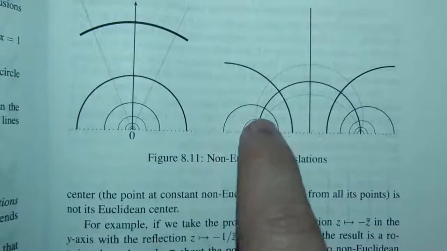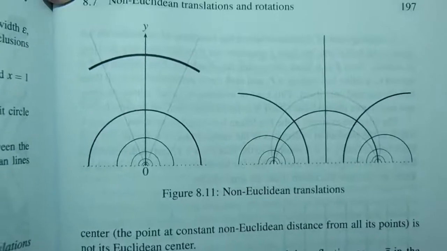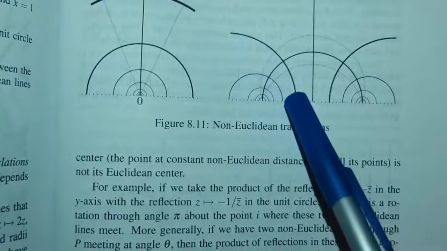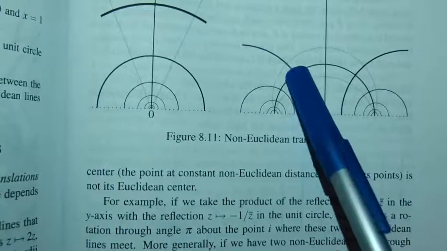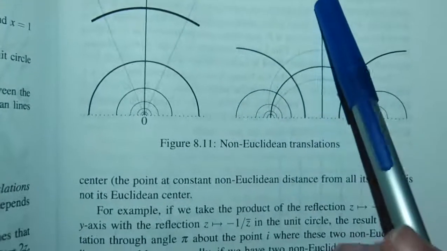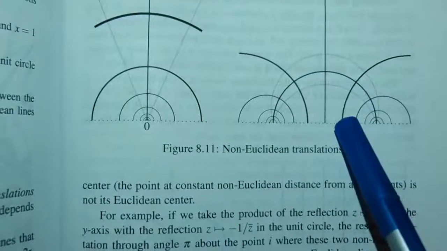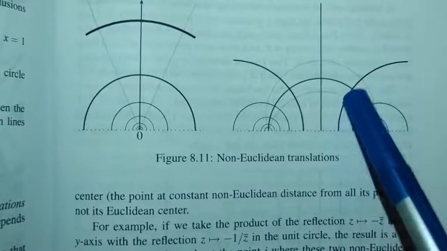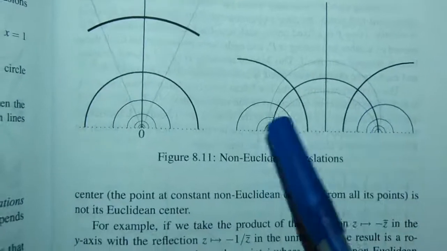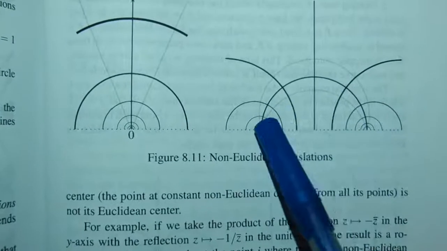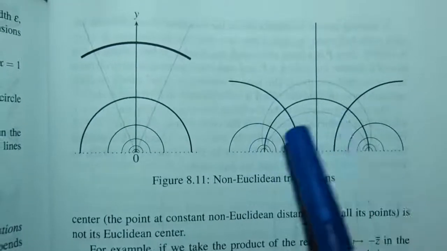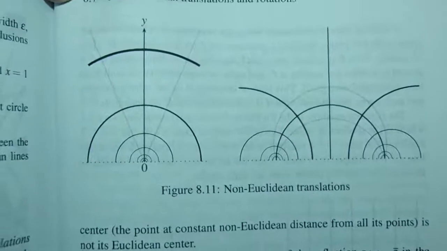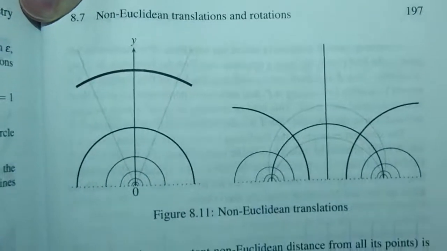It sends each of these things to the next one. Let's just go through it here. It would send this line to this one. And it would send this non-Euclidean line to this vertical line. And then it would send this vertical line to this non-Euclidean line. And it would send this non-Euclidean line to this thing. And it would map the translation axis onto itself. And these two light gray curves would also be mapped onto themselves, even though they're not non-Euclidean lines.